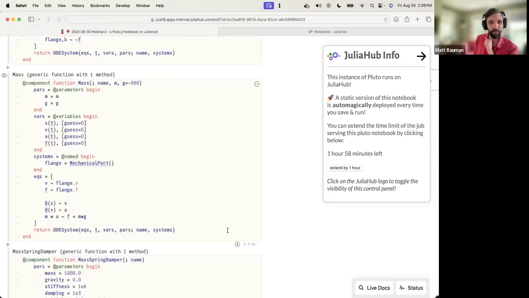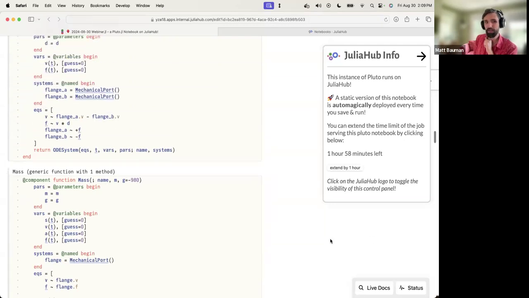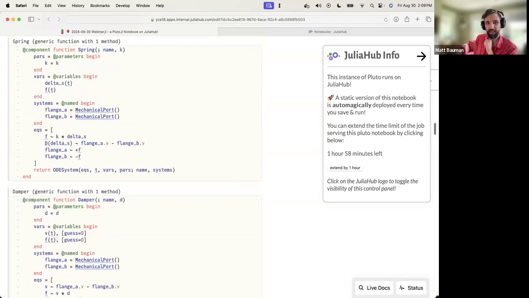Just comparing against my cheat sheet here. Yes, is velocity. Yep. Okay, great. That looks okay. Our flange velocities are, yep, that looks okay.